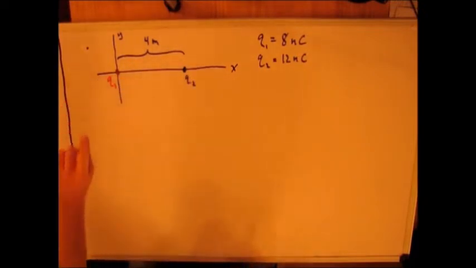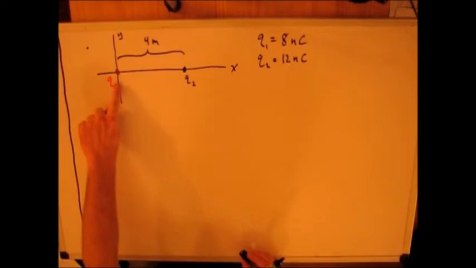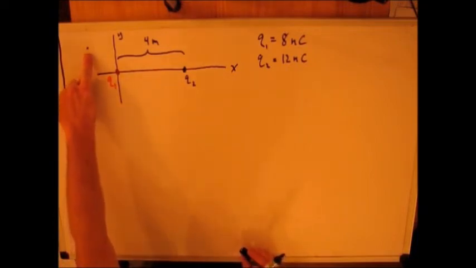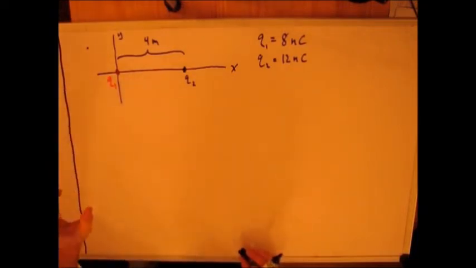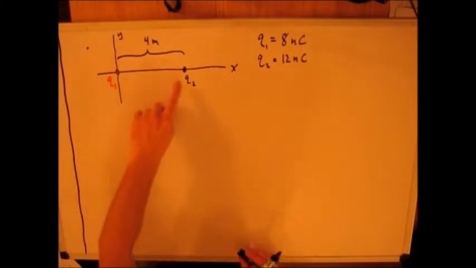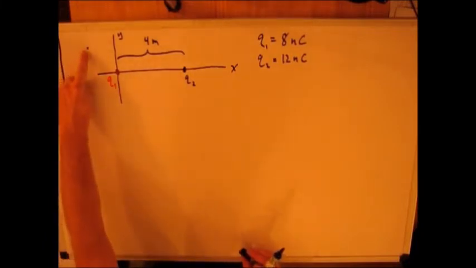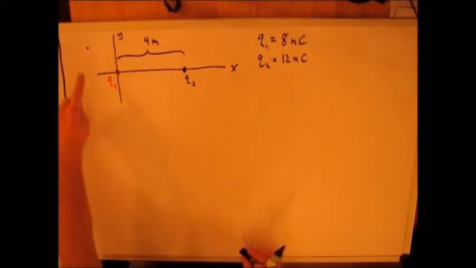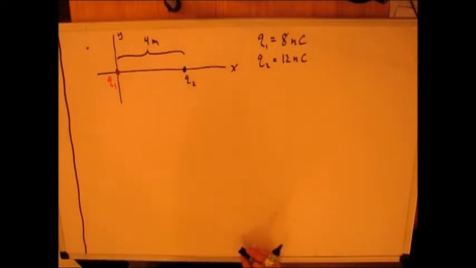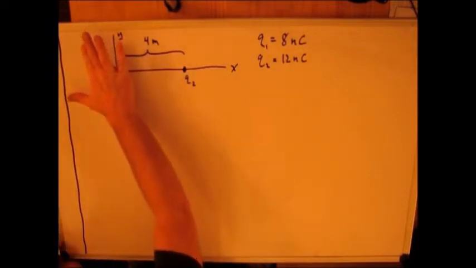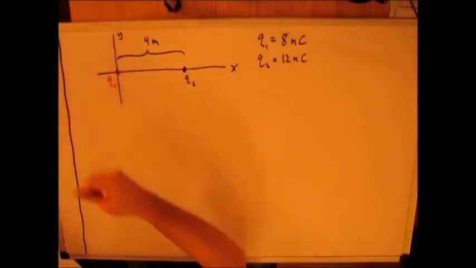At that point, Q1 is producing its own electric field, which has a magnitude and a direction, and Q2 is also producing its own electric field. The net electric field at any point in space is the vector sum of the individual electric fields at that point. Okay, so it's not that point in space that we're going to deal with in this example.